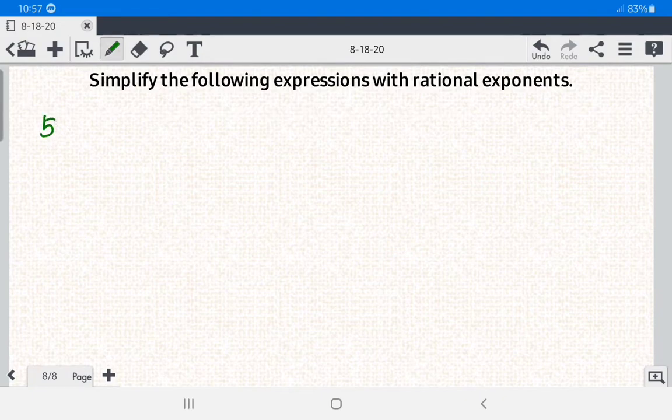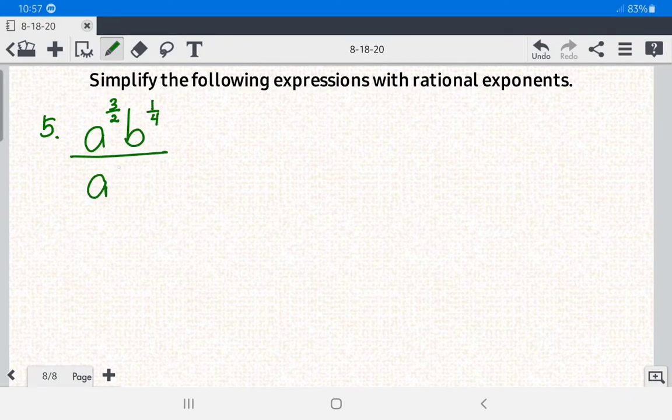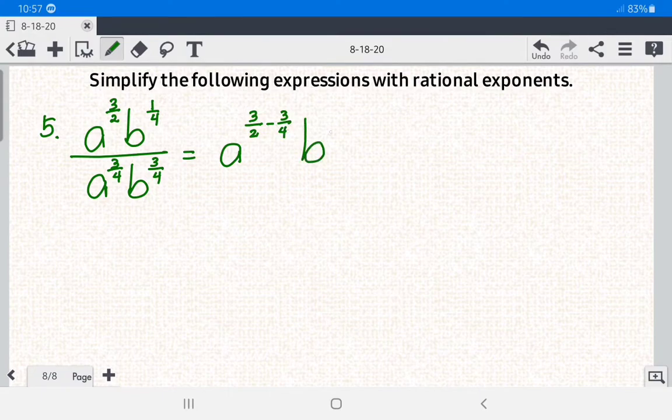For number 5, let's say we have a raised to 3 over 2, b raised to 1/4 over a raised to 3 over 4, b raised to 3 over 4. Okay. So, for a variable, using the division law of exponents, we have a raised to 3 over 2 minus 3 over 4, b raised to 1/4 minus 3/4. Okay.